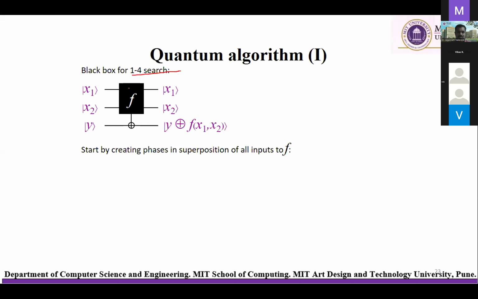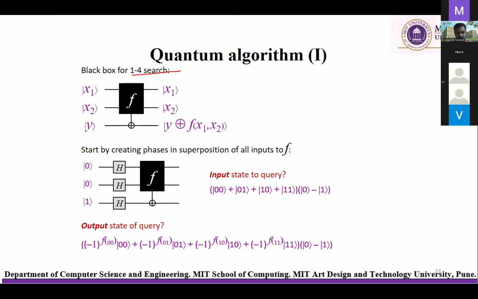So start by creating the phases in the superposition of all the inputs to the f, like the input state to the query, ket 00 plus ket 01 plus ket 10 plus ket 11.